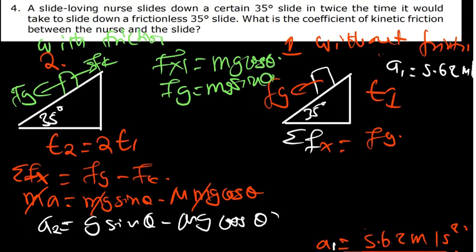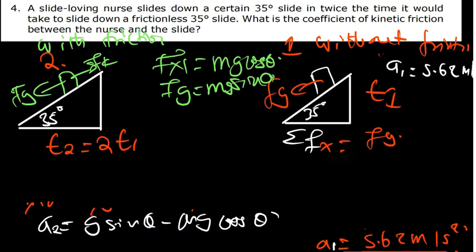Then what of acceleration for 2? We only have the formula, which I'll put here on top. Acceleration for 2 is g, and I can even factor out g: g sine theta minus mu g cos theta.